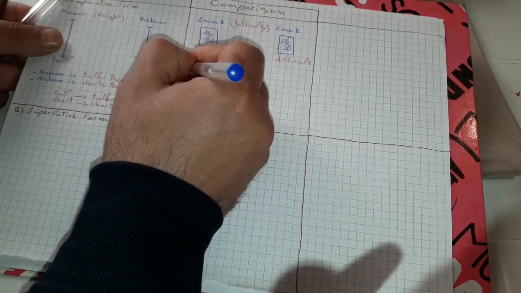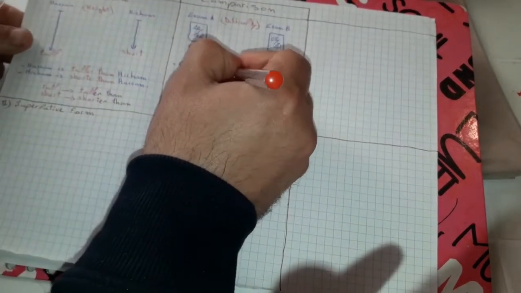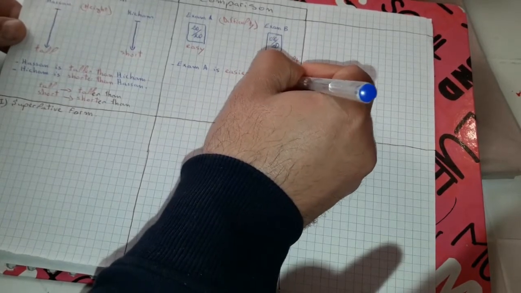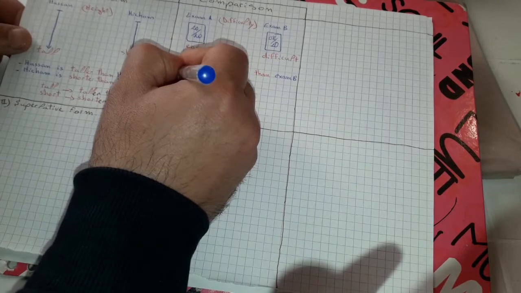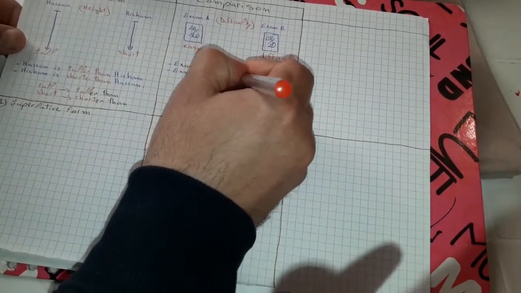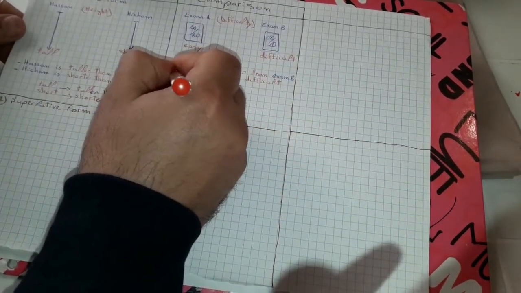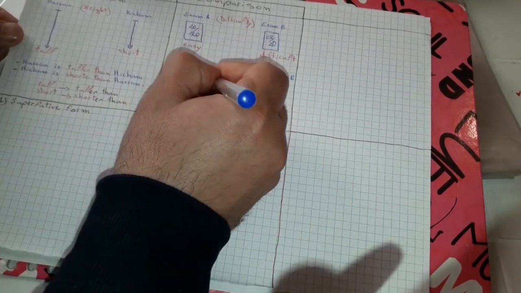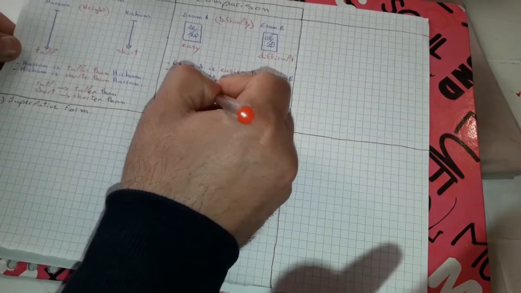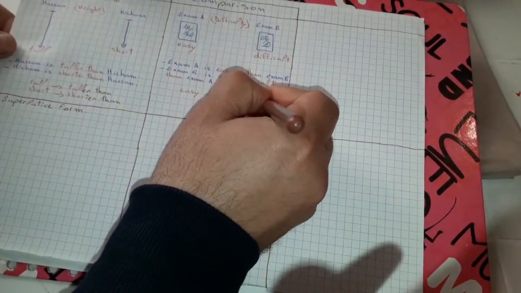So I say that exam A is easier than exam B. Or I can say exam B is more difficult than exam A. This means when I have an adjective easy, so it becomes easier than.